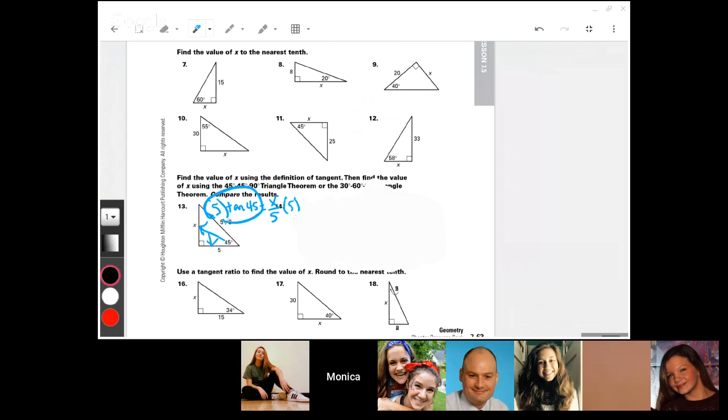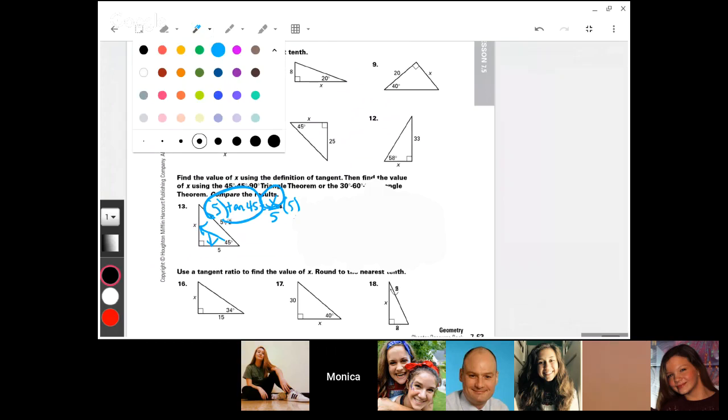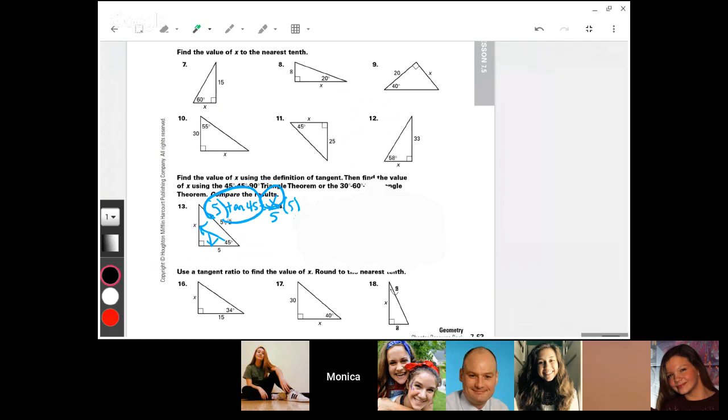No, don't be lost. Just type that on your calculator, 5 times the tan of 45. Because if we're trying to solve for x, we're trying to get x by itself. Since we're dividing by 5, in order to get x by itself, we have to multiply by 5. And so that cancels on that side. And when we multiply by 5 on both sides, we end up with 5 times tan 45 equals x.